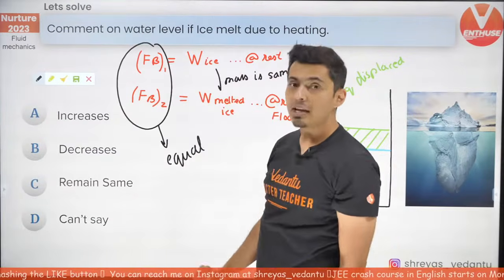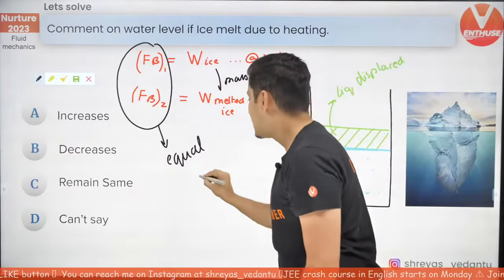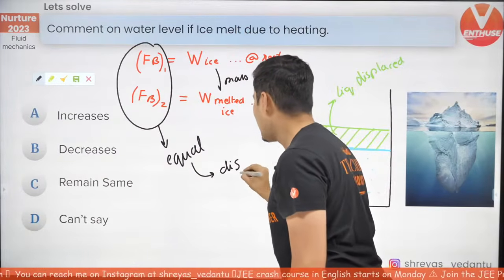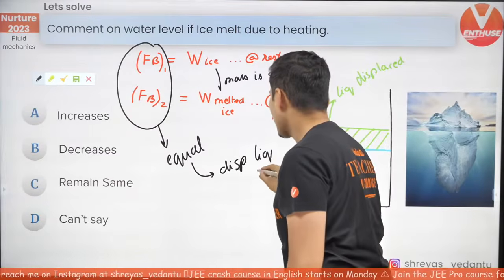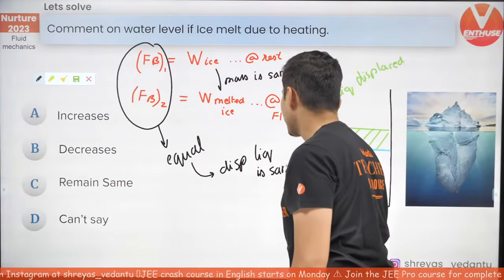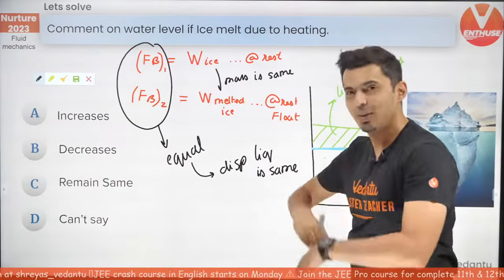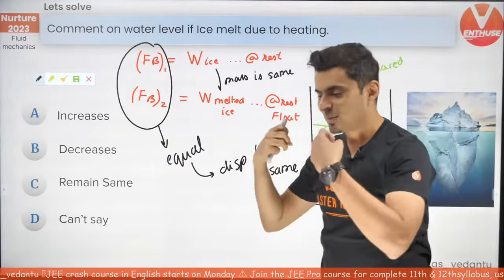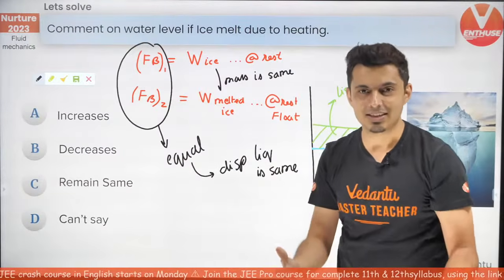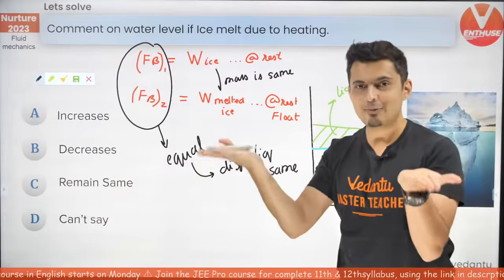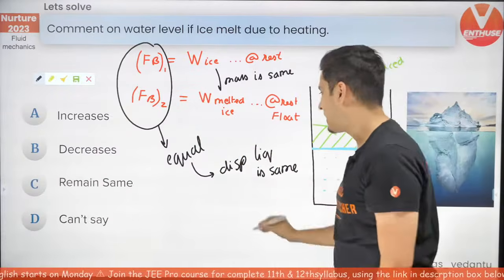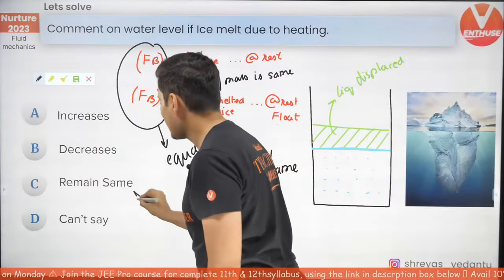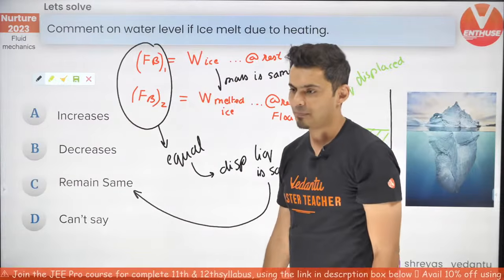And if these two are equal, what does it mean? It just means the displaced liquid is also the same. Whether the ice melts or whether the iceberg stays, if the displaced liquid is the same, the level of water will remain the same. So basically the answer is it remains the same.